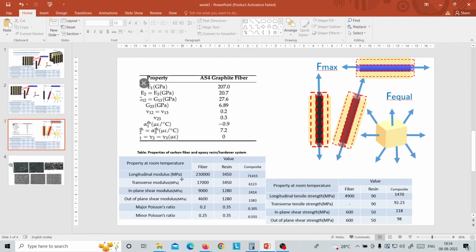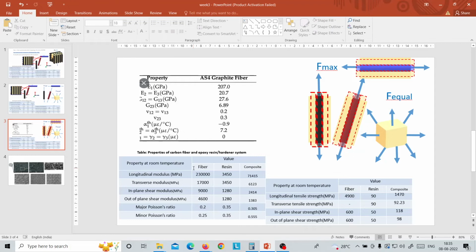Then for transverse modulus, this is 21, this is 17. So when we talk about transverse properties, this graphite fiber will perform in a better way. Why is it so? Because carbon fiber will have less purity in terms of carbon, so its bonding with the epoxy matrix would comparatively be lower.